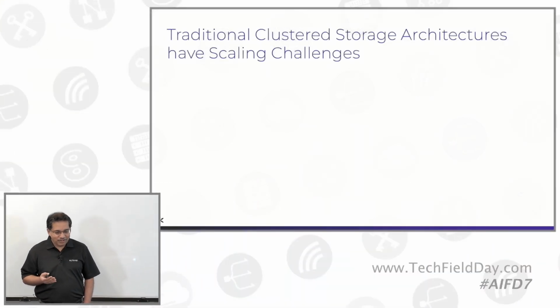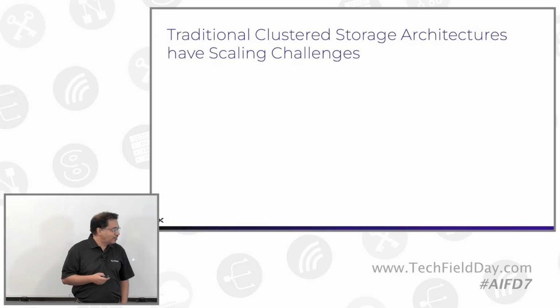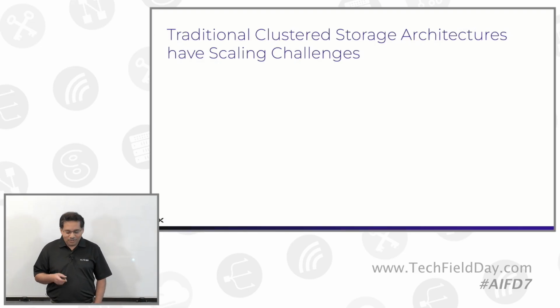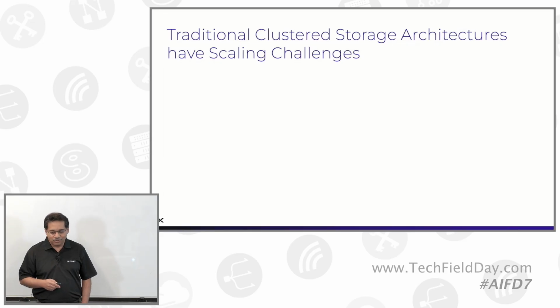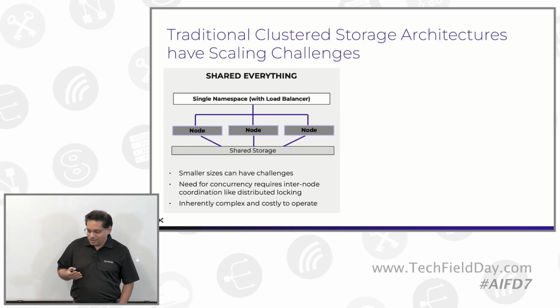So before I present our architecture, I want to level set the stage on what is available out there today, right? What do companies that provide enterprise storage for traditional unstructured workloads look like? There have been these two classic ways of doing enterprise storage. The first one is what is called the shared everything architecture, where essentially you have a cluster of nodes that all have access to shared storage.